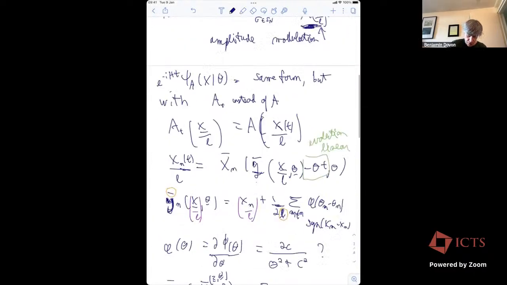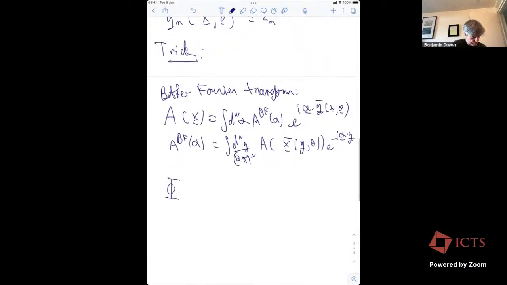And so the result is that phi, if I evaluate it at x and theta plus epsilon for small epsilon, I get phi at x and theta, these are vectors, plus epsilon dot exactly that y function of x and theta. And this y without the bar is just at L equals 1.